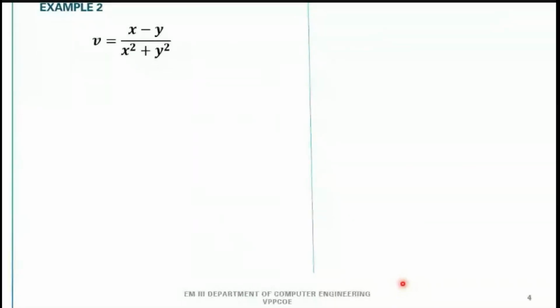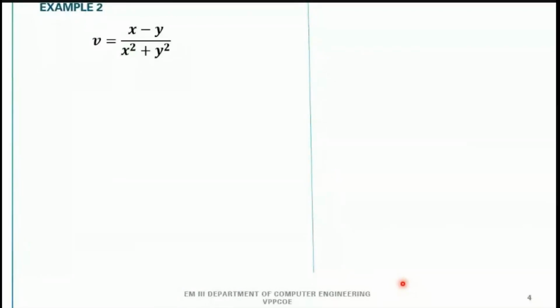V is equal to x minus y upon x squared plus y squared.